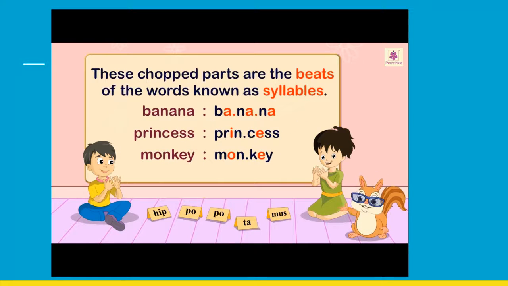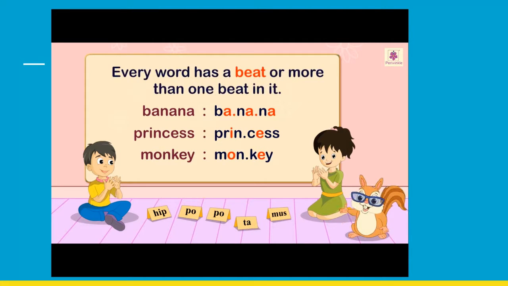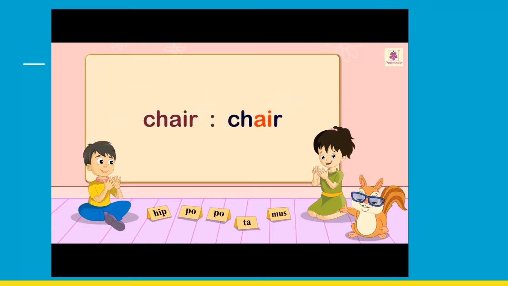These chopped parts are the beats of the words known as syllables. Every word has a beat or more than one beat in it. For example, the word chair has 1 beat.